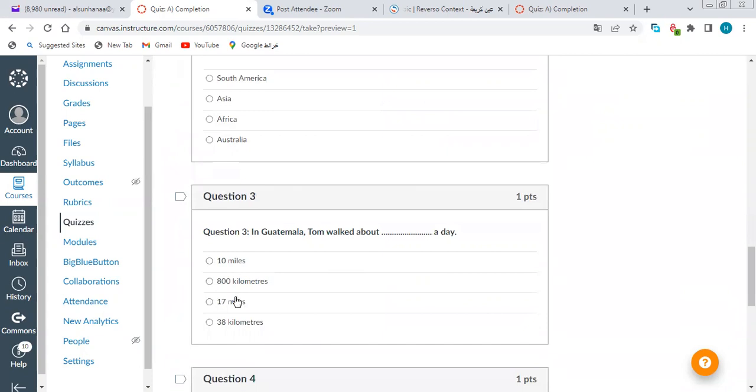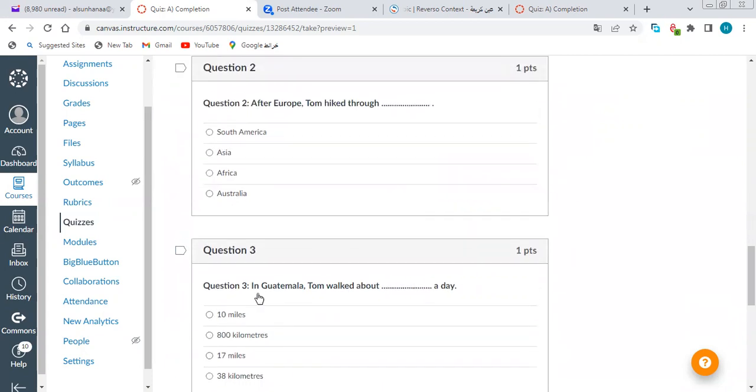Okay, question 3. In Guatemala, a country in Central America, Tom walked about blank a day. As you see, the keyword here is Guatemala. So I want you to choose 10 miles, 800 kilometers, 17 miles, or 38 kilometers.